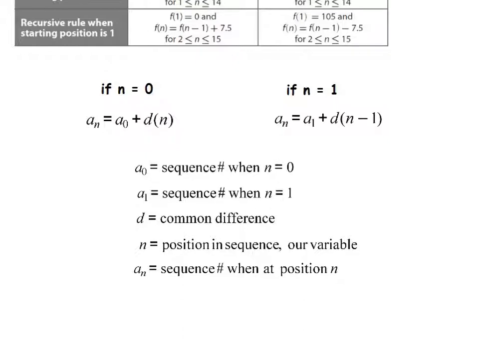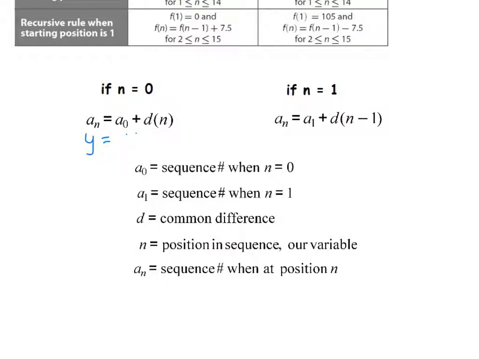That is something you'd have to be told, most likely in a table or on a graph. You would say, oh, n equals 0. So your function or your rule is a sub n. This is just like y. We're not going to use y, but a sub n equals a sub 0, the sequence number when n equals 0, plus your common difference times n.